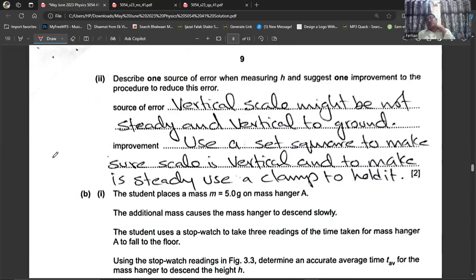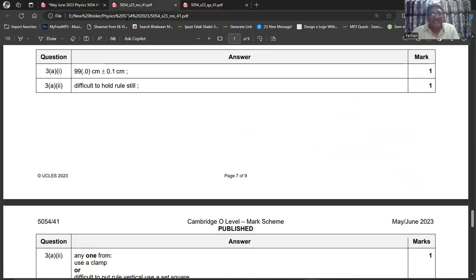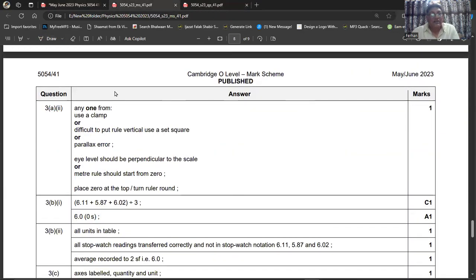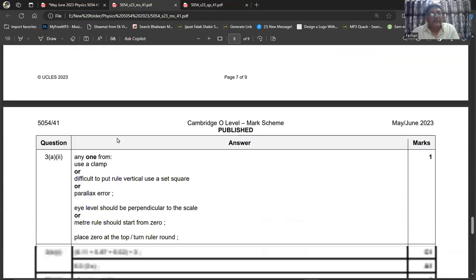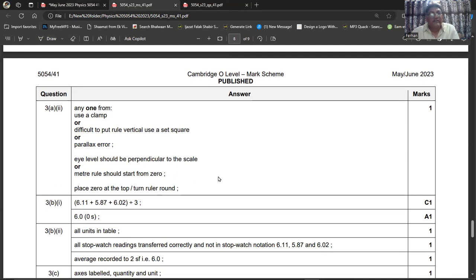Use a set square to make sure the scale is vertical to the ground, and to make it steady, use a clamp to hold it. I have given here two reasons.